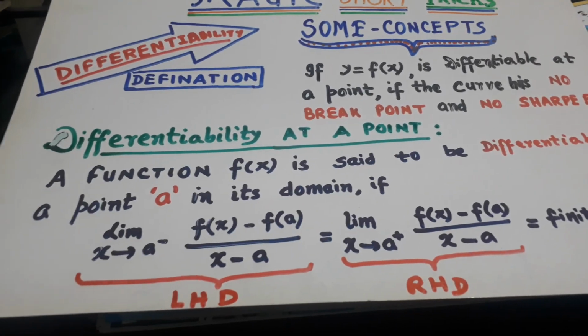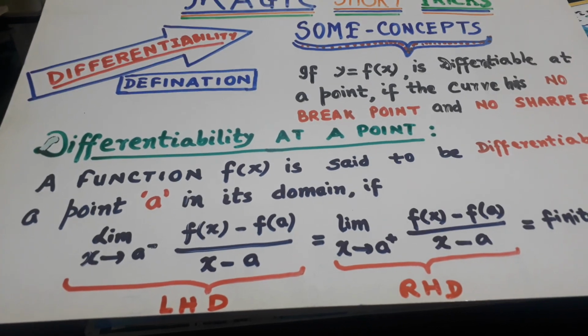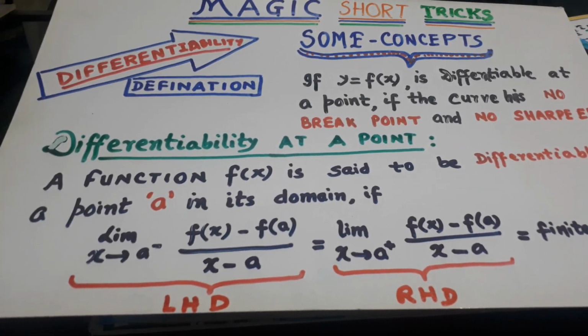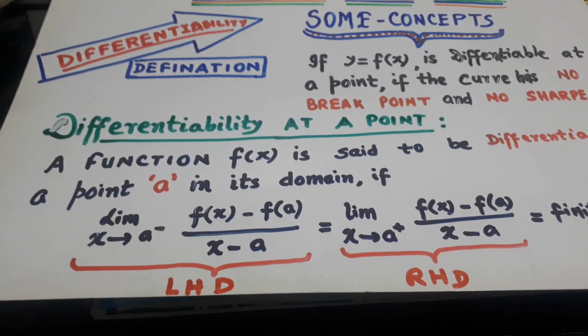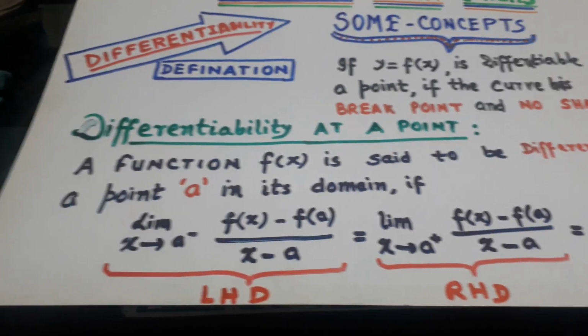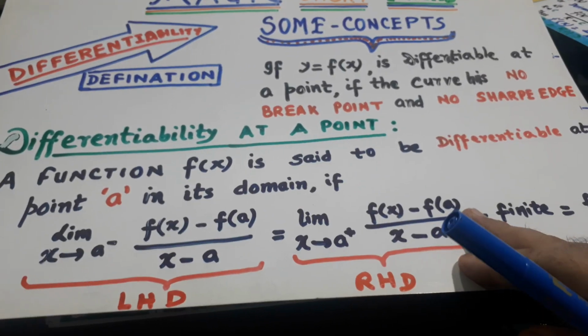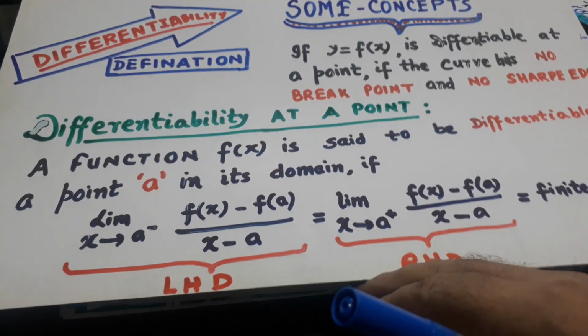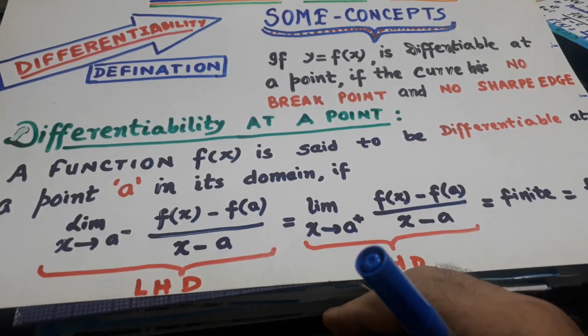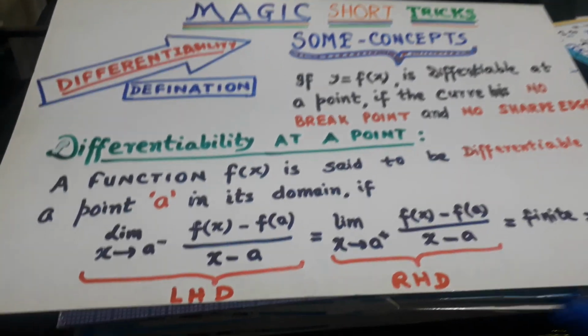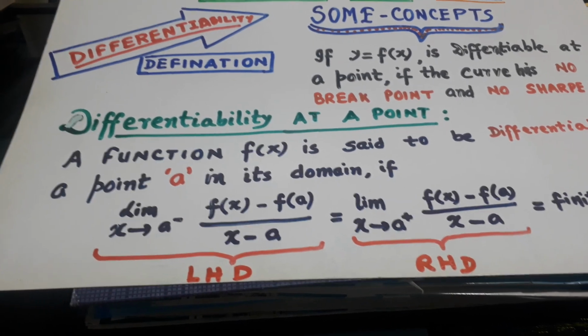I hope you have understood what I wanted to convey, and once this is known to you, it will be used for finding derivatives by the first principle method, which is also known as ab initio.